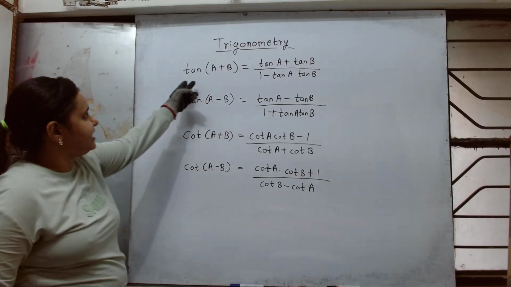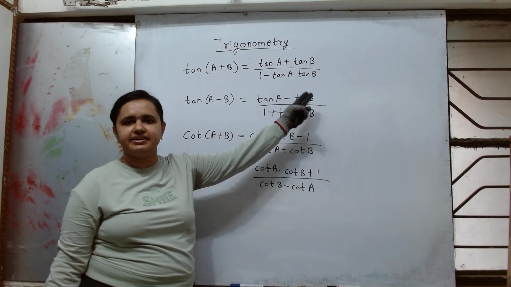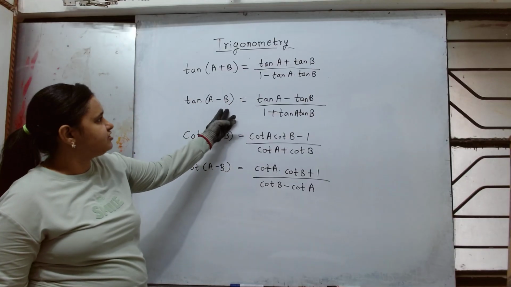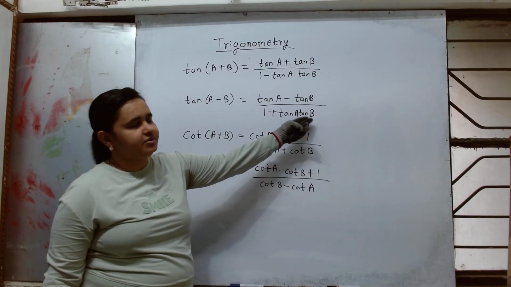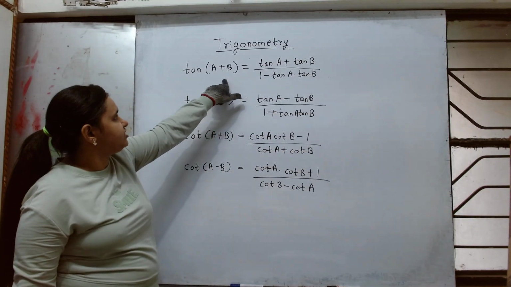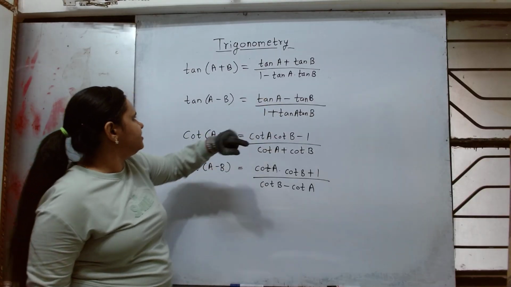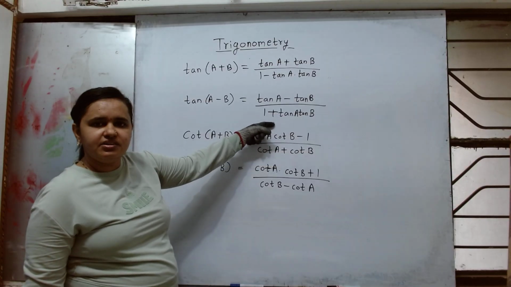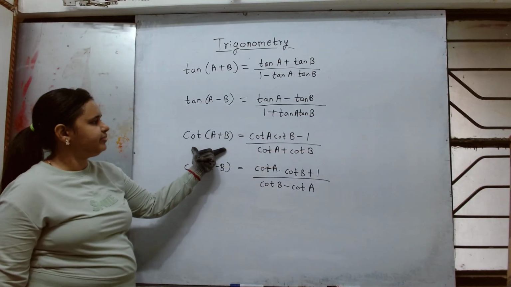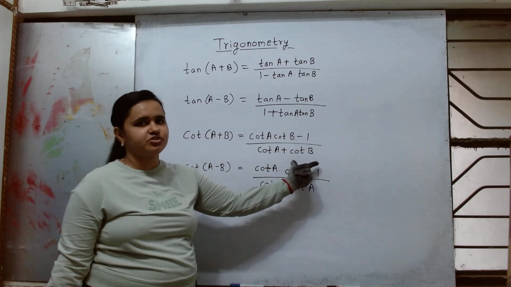So for tan a plus b, it is tan a plus tan b upon 1 minus tan a tan b. For tan a minus b, tan a minus tan b upon 1 plus tan a tan b. For plus in between, it is plus in numerator and minus in denominator. For minus, it is minus in numerator and plus in denominator. For cot a plus b, it is cot a cot b minus 1 upon cot a plus cot b.